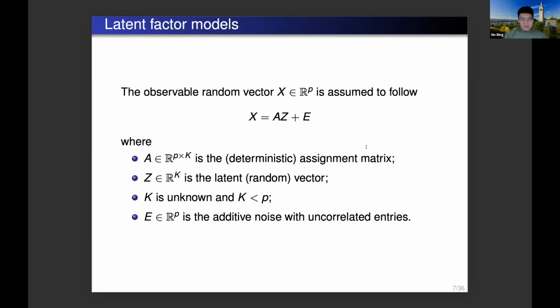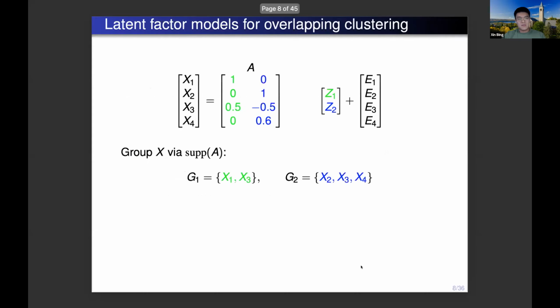Now, how do we use this model to cluster those observable random features? We can use the following illustrating example. In this example, we have 4 measurable features and 2 unmeasurable latent factors. If we know this assignment matrix A beforehand, then we can easily group the X's via the support of A. Because we have 2 latent factors, there are 2 groups.